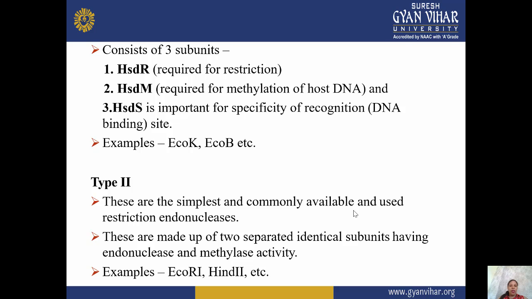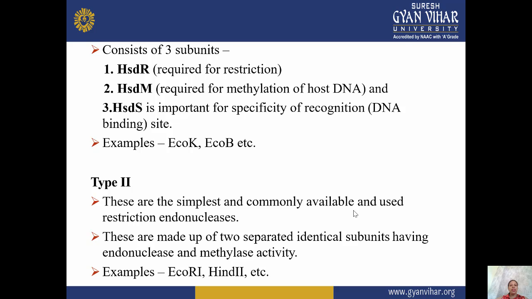These are made up of two separate identical units having endonuclease and methylase activity. As in type 1 there are three subunits, similarly here two identical subunits are there, but one has the endonuclease activity and the other has the methylase activity.